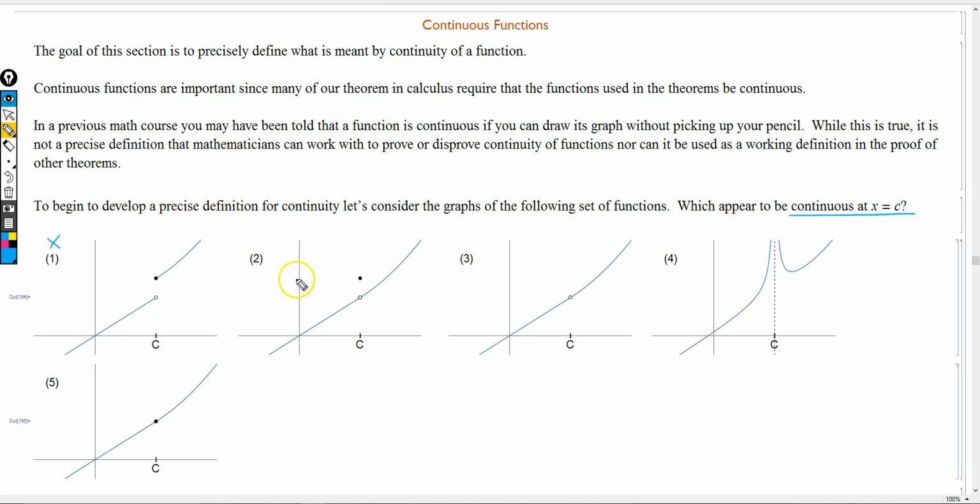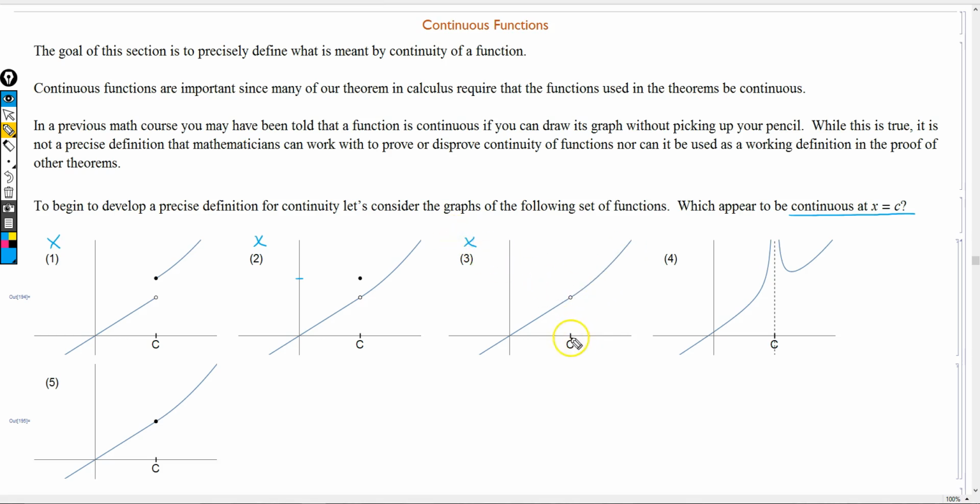That's actually f of c right there on the y-axis if you move over. Then come back down and continue. So no, that one doesn't look like it should be continuous. Number 3, draw the graph with my pencil, then I actually have to hop over that little opening and continue. So no, this graph doesn't look like it should be continuous either.